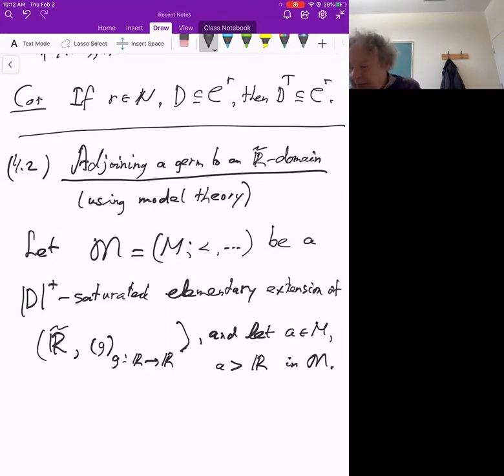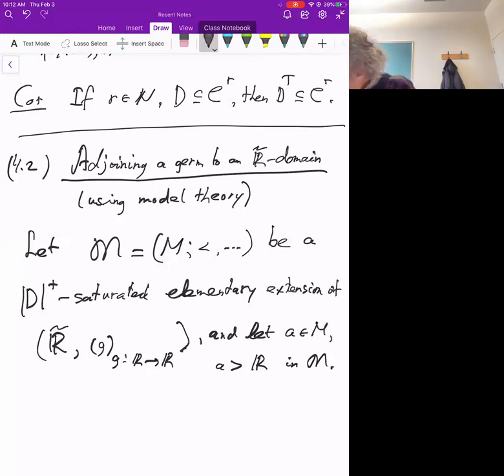So M is some big real closed field with extra structure. It is an extension of R tilde, and so there will be plenty of elements in M that are bigger than all the real numbers.